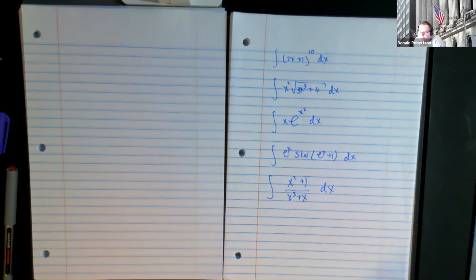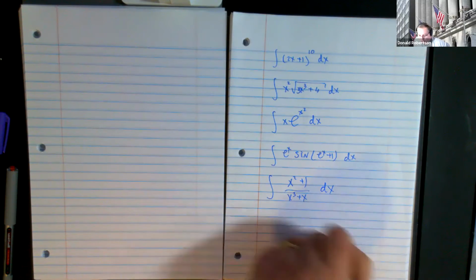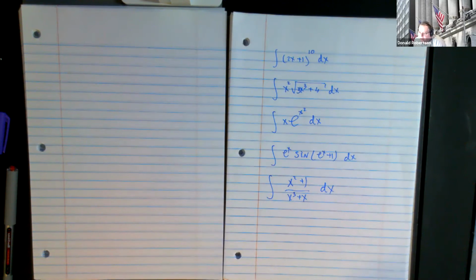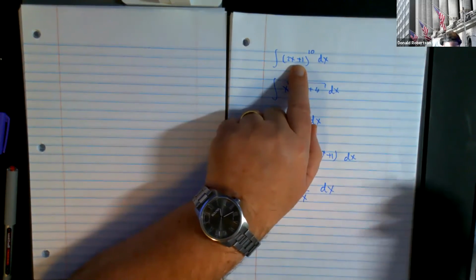The first thing that you need to get correct is that you need to choose the correct u sub. And because there are so many different kinds, you have to be able to look at a function and understand who the u sub is going to be. So here's a set of rules that I'm just basically telling you.